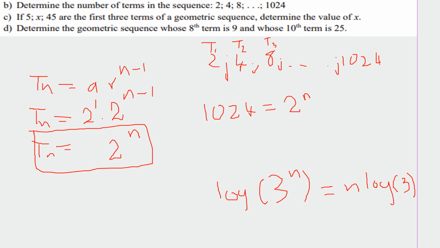Let's do it again on the original equation so that it can make sense to you. Okay, let me erase this one. If you ever have an exponent as a variable and you want to find that variable, you will have to apply a log function, because a log function can drop an exponent to be a coefficient of it.